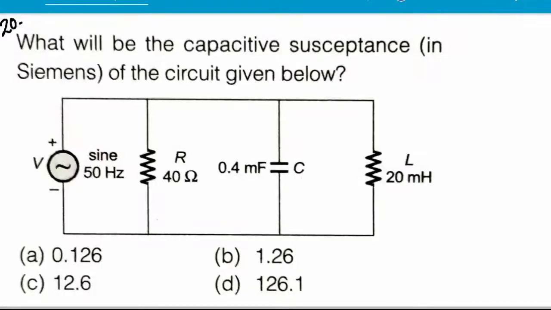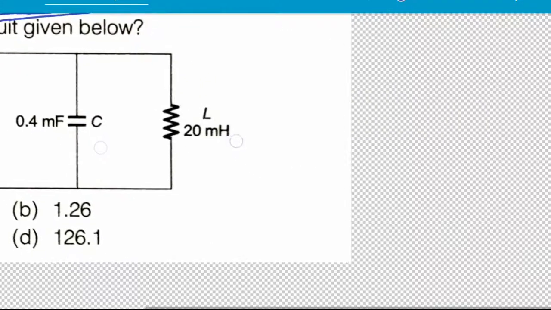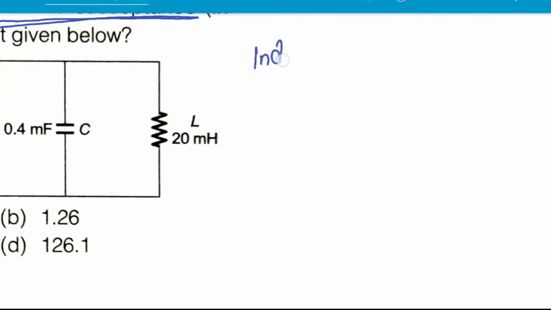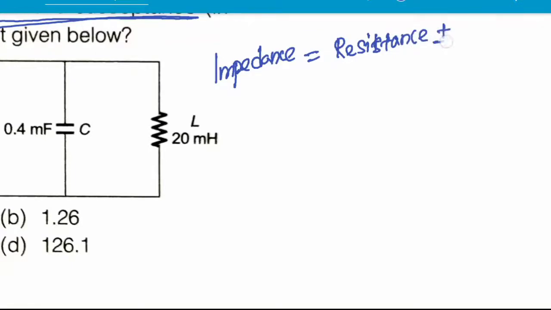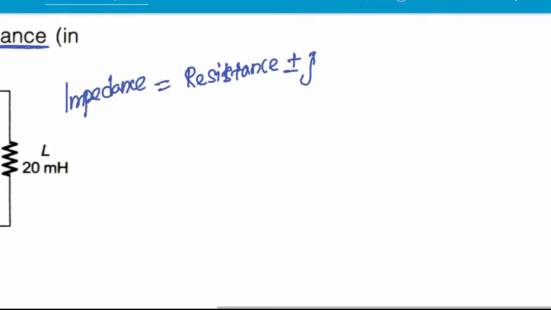Next, last question, what will be the capacitive susceptance in Siemens of the circuit given below? This is asking for capacitive susceptance. So here I want to say the impedance is the sum of resistance plus or minus j into reactance, and the reverse is the admittance.